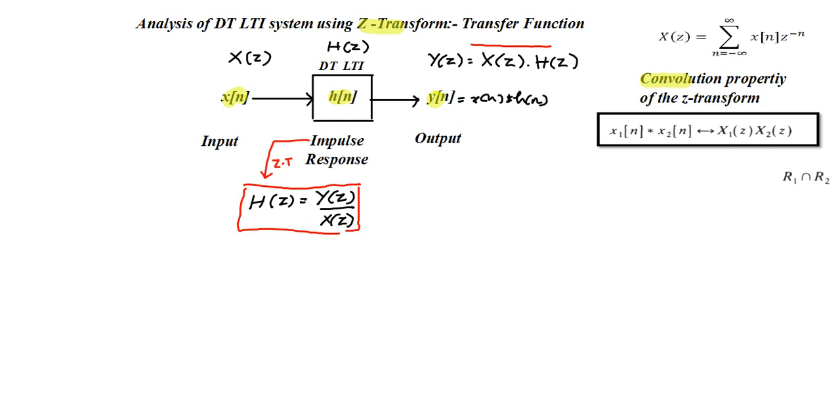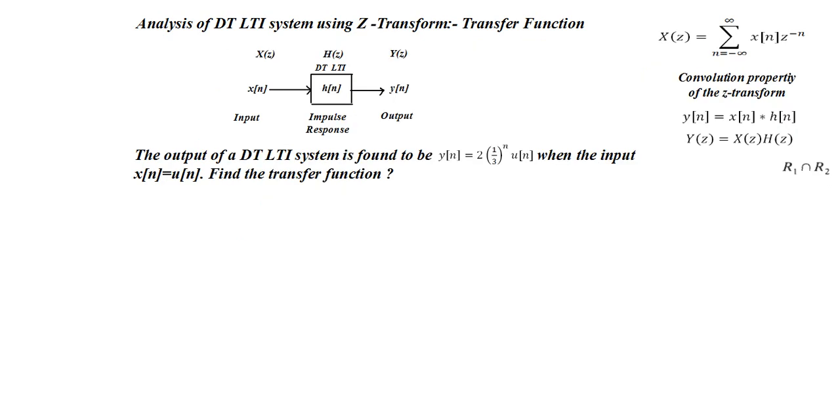Now we will do some problems related to this. Here you can see the output of a discrete time LTI system is found to be y of n is equal to 2 into (1 by 3) the whole raised to n into u of n. So y of n is given.